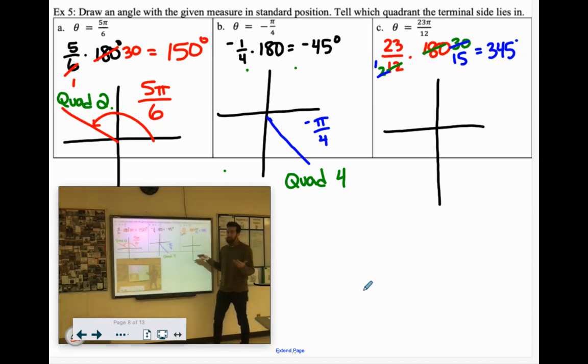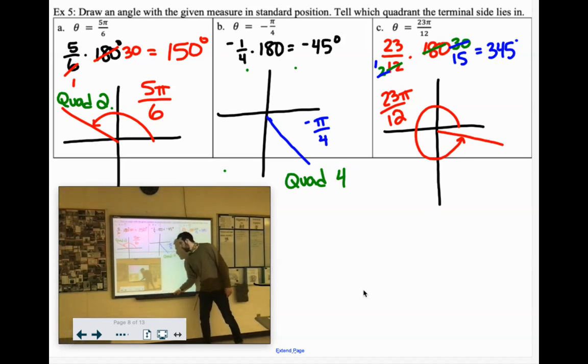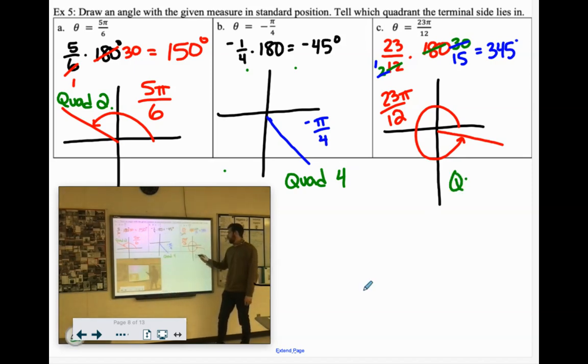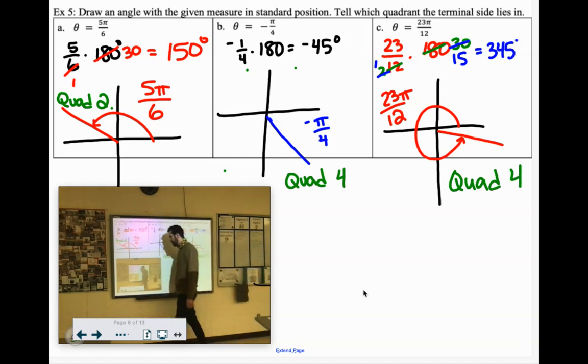In fact, 360 minus 345 would leave you with 15 degrees. So it's going to cover everything except for those 15 degrees. So we'll say 23 pi over 12, and that also is in quadrant 4. Cool.